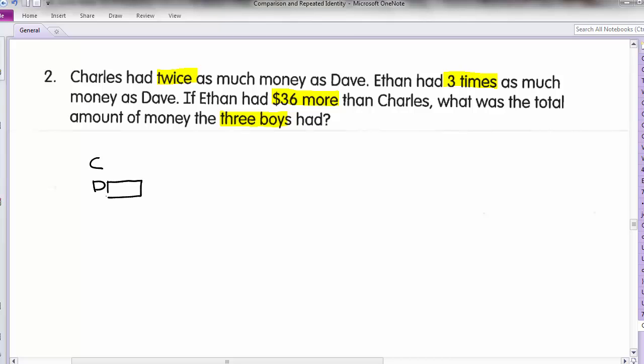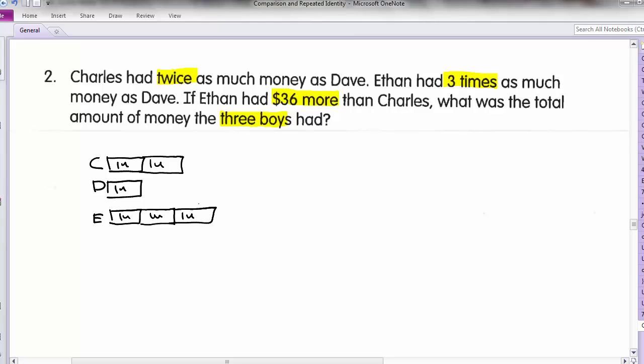So Dave 1 unit, Charles will be 1 unit and another 1 unit. Now instead of 2 times before, Ethan has 3 times of Dave. Dave has 1 unit, so 3 times of Dave will be 1 unit, 2 units, and 3 units.